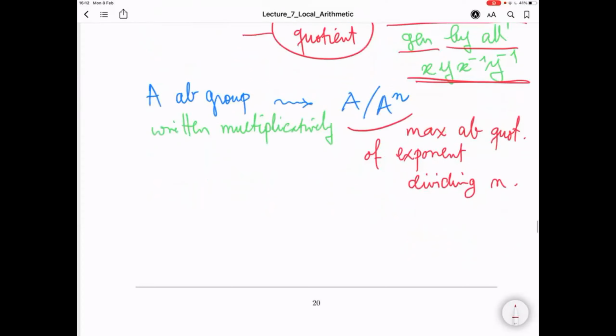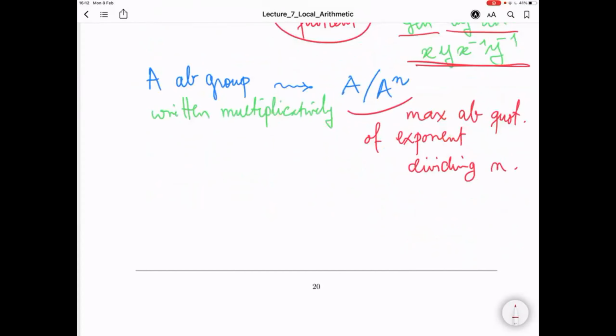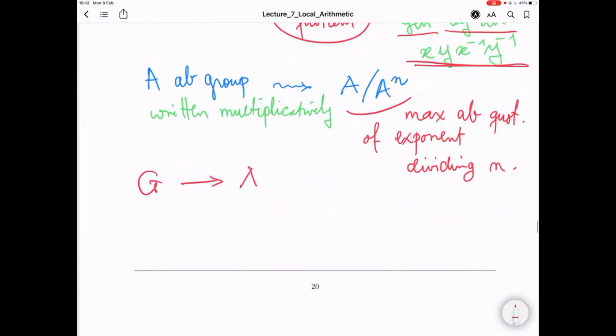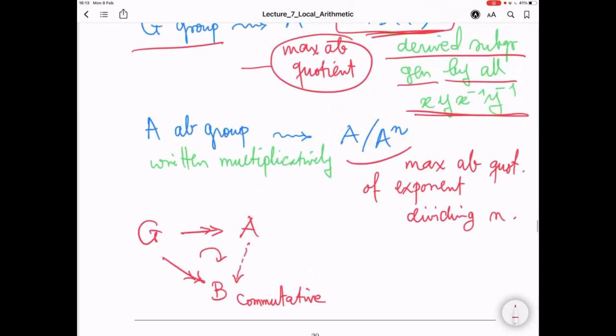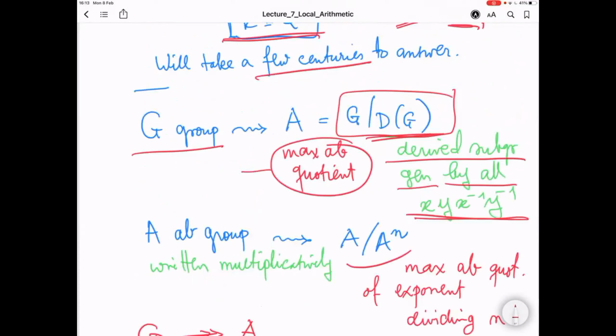What it says is that you have G and you have this quotient A. This is a surjection, and if there's some other surjection where B is commutative, then there's a unique map like this, which makes this triangle commute. So that's a maximal abelian quotient.